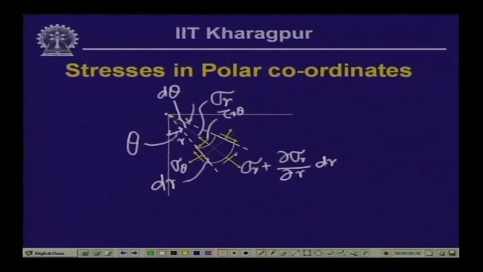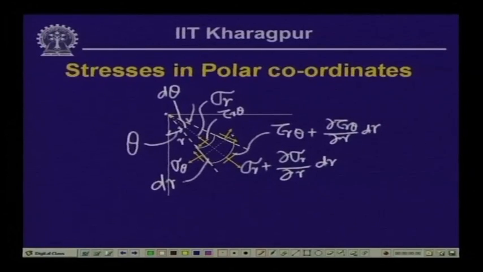Likewise, the tangential stress, which is the shearing stress, is equal to tau r theta plus del tau r theta del r over the distance dr. On this surface we have sigma theta.